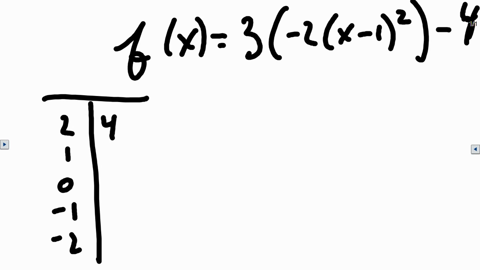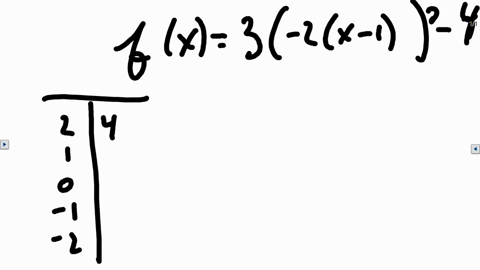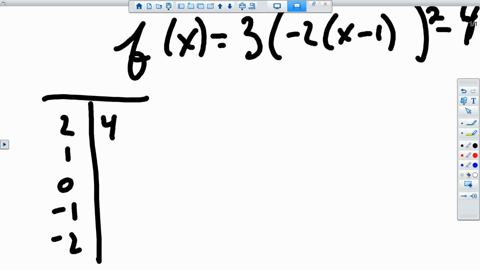So once again, this is a quadratic because I've got a little squared thing going on there, right? Or do I have the squared in the wrong place? I have the squared in the wrong place. I apologize. For this to be a horizontal dilation, it has to be affecting the x. So the -2 would have to get squared along with that thing if we were multiplying it all out. My apologies.